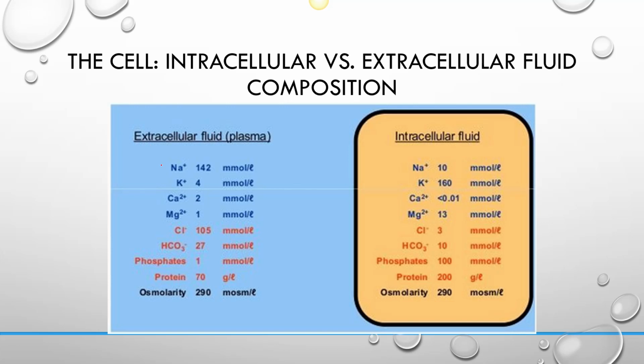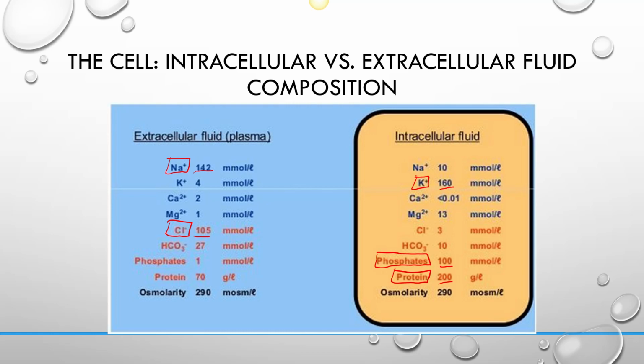But you'll notice there's a difference in composition. On the outside of the cell, you're going to find a lot more sodium and chloride ions. On the inside of the cell, you're going to find a lot more potassium, phosphates, and these negatively charged proteins.